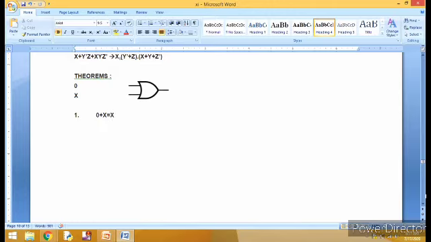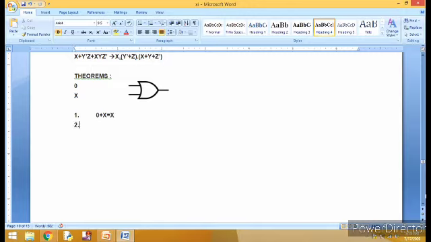X. The reason is that if the x value is 0, then 0 plus 0 gives 0, which was the value of x. Similarly, if x holds the value 1, then 0 plus 1 is again 1, which is the value of x. So 0 plus x is equal to x. Is it clear?